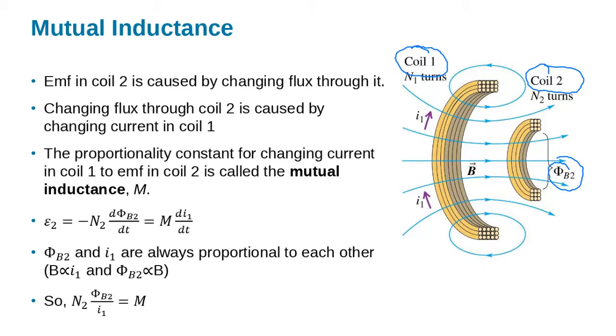And there's some proportionality constant between the change in current in coil 1 and the EMF that we get in coil 2. So there'll be some EMF generated in coil 2 for that change in current.